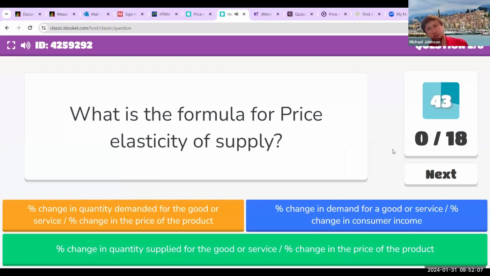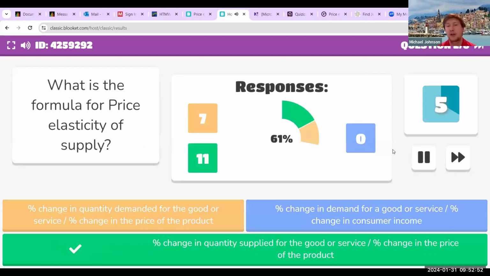What is the formula for price elasticity of supply? Percentage change in quantity supplied for a good or service divided by percentage change in the price of the product.